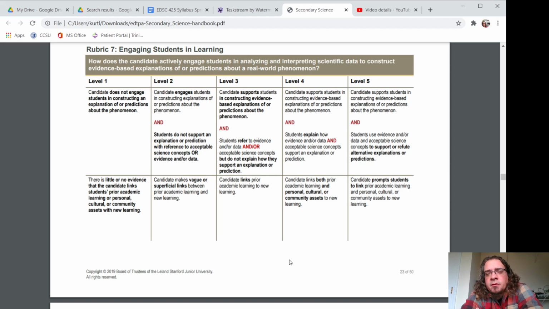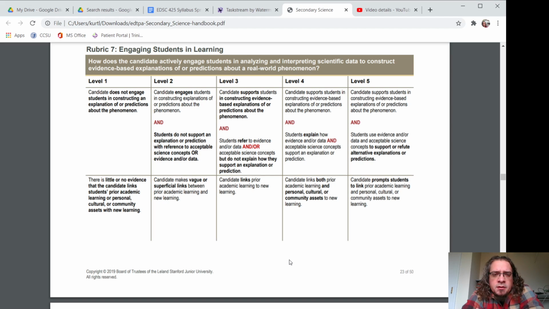So again, for science, that makes sense. And for the other content areas, it's going to be a very similar pattern of moving from students doing pretty well on something to being more directed on something and even more directed or more nuanced in some particular way. So you just need to pay attention to what that is in your content area. Again, pause the video and take a look at it and make sure it makes sense for you. Okay?